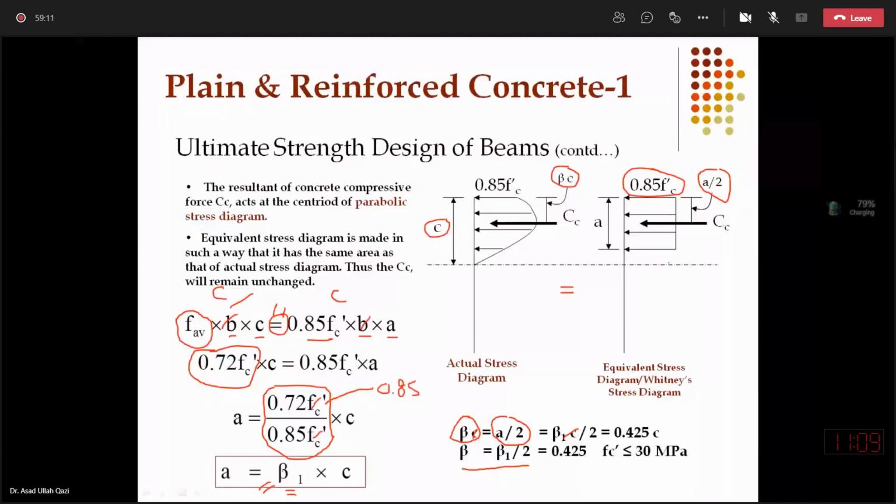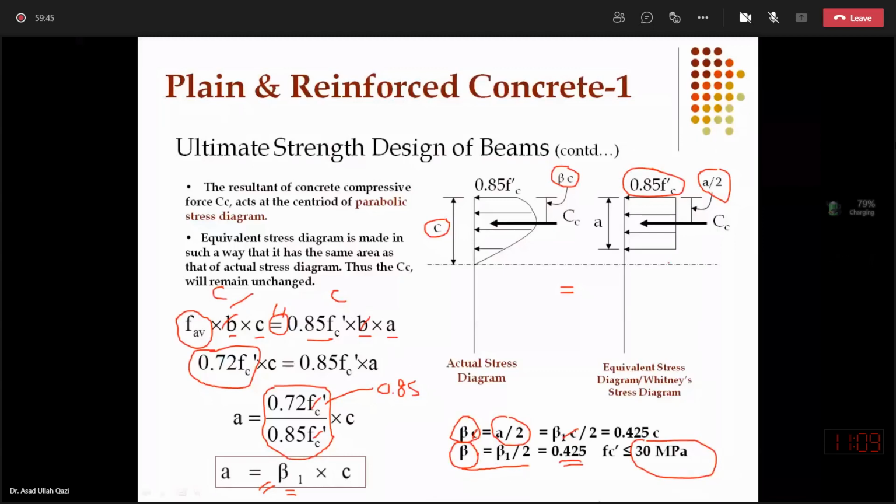So if I put that value for concretes up to 30 megapascal, this beta will be equal to beta 1 by 2, and the value that we will get is actually 0.425.